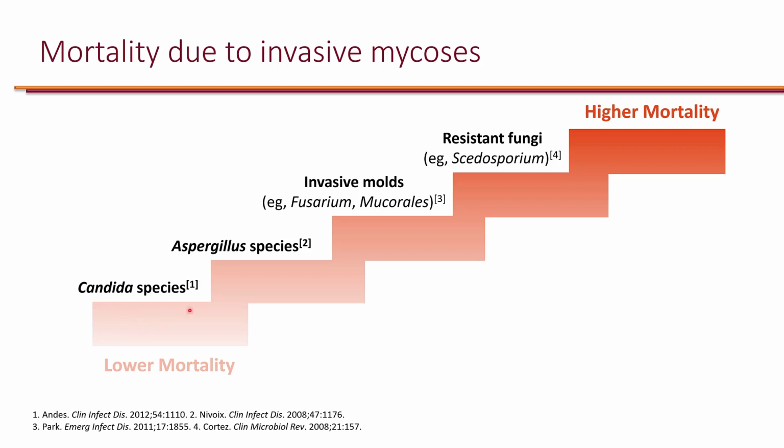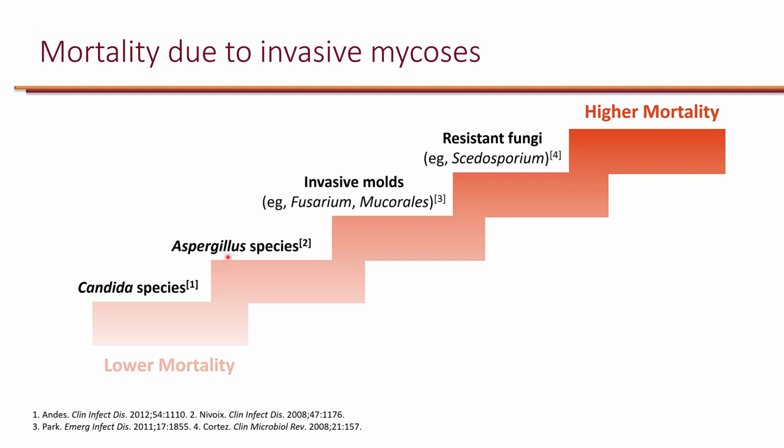And the rate of mortality goes up, especially once we get to the mold. So aspergillus species, you get significantly higher, in the 40% mortality rate for a lot of patients. And that's because, as you go up the ladder, up the steps here, these infections occur as the level of immunosuppression increases.